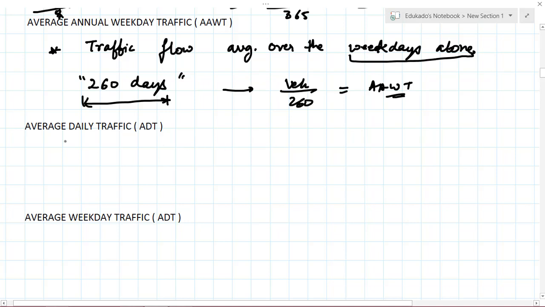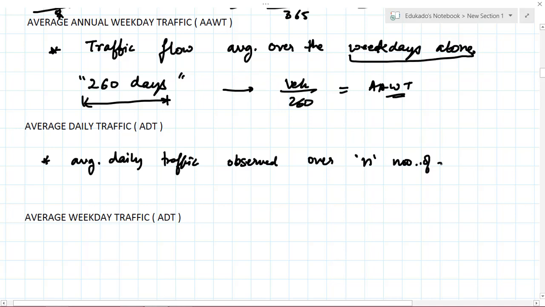Alright. Now, the average daily traffic. I think you're getting used to these things now. So what is this? It is the average daily traffic, observed over n number of days.